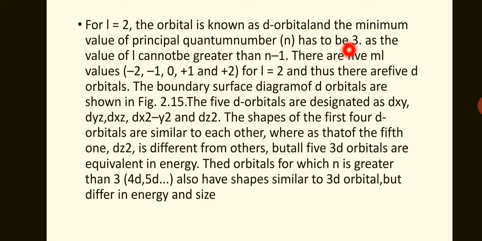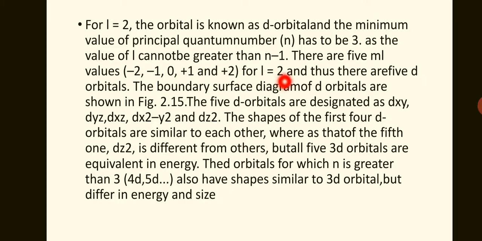The minimum value for principal quantum number must be 3, as the value of l cannot be greater than n minus 1. Therefore there are 5 magnetic quantum numbers for l equal to 2, and they are -2, -1, 0, +1 and +2.